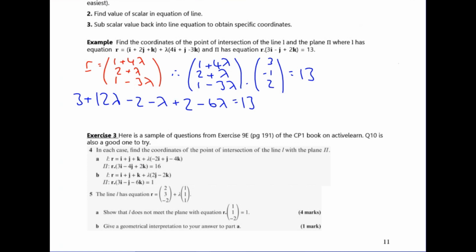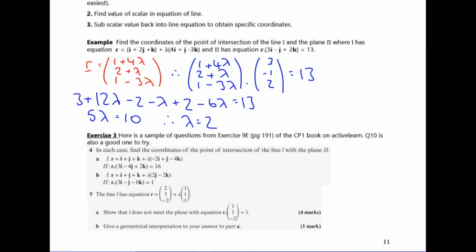which equals 30. Collect up your lambdas, collect up your numbers. So 12 minus 1 is 11, minus 6 gives me 5 lambda. Taking my numbers across, take the 3 across, that gives me 10, and I've got minus 2 and plus 2, which cancel. So I get 5 lambda equals 10. So the line and the plane intersect when lambda equals 2.